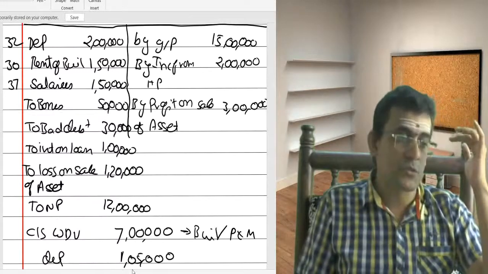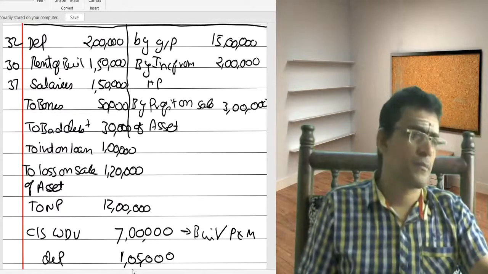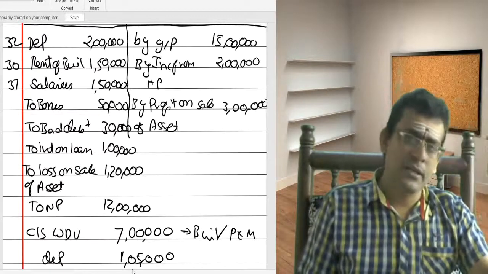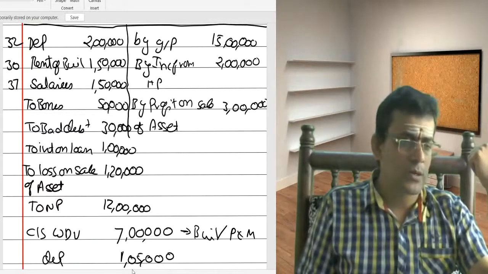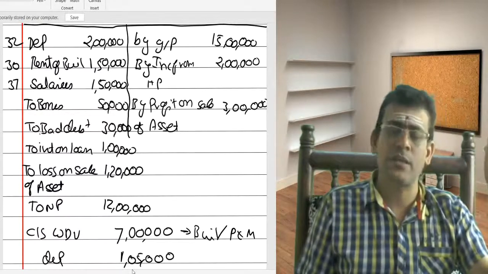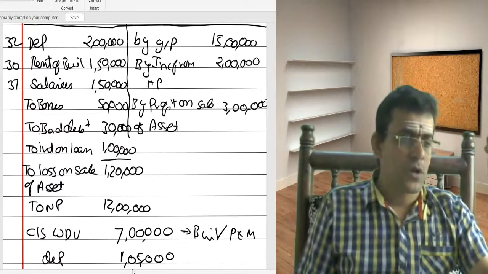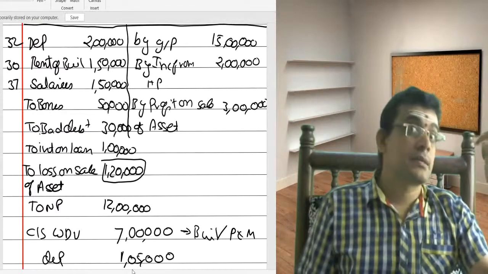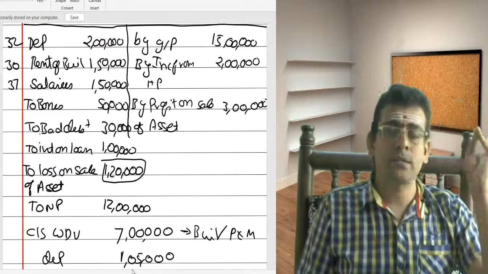Now, if you observe, rent for the building, section 30, you can take that as deduction. Salary is paid, you can take that as deduction under 37. Bonus, bad debt, interest are allowed as deduction under 36. But if you observe loss on sale of asset, as it is not allowed under 30 to 37, it is disallowed.